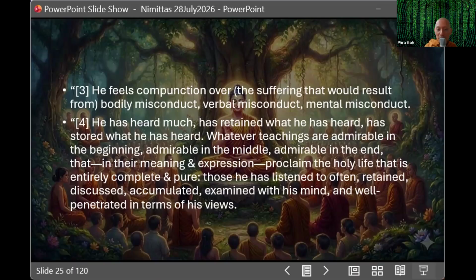So the first step is to remember them. In the past, there were no books on the teachings and no recordings, no Zoom recording. So they had to rely solely on memory. They listened to the teachings, oral tradition they call it, by word of mouth, and they remembered the teachings.